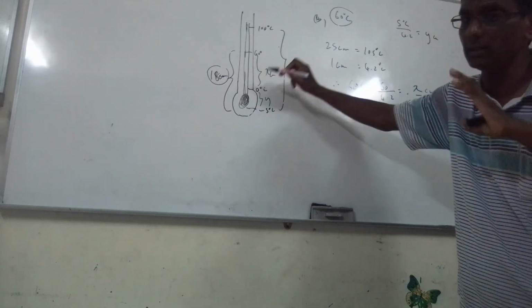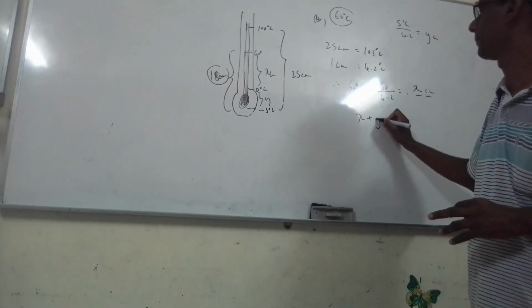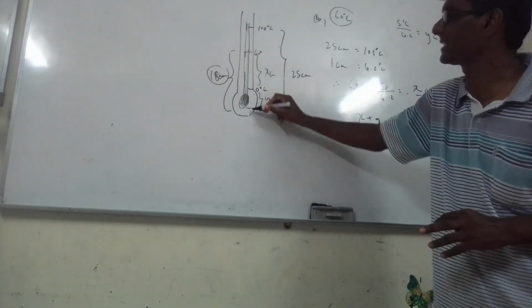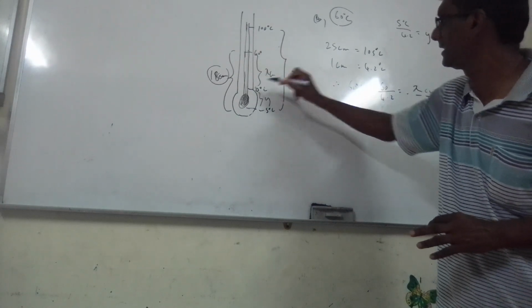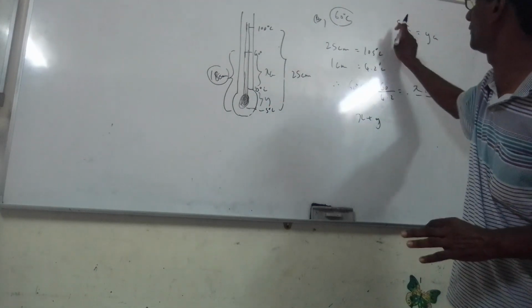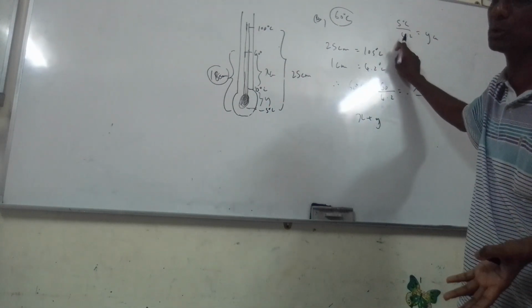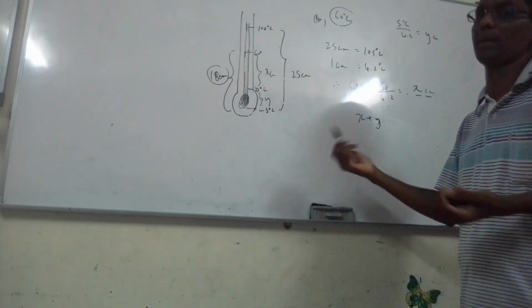So the total mercury column is x plus y. x is 60 divided by 4.2 cm, and y is 5 divided by 4.2 cm. So it's x plus y.